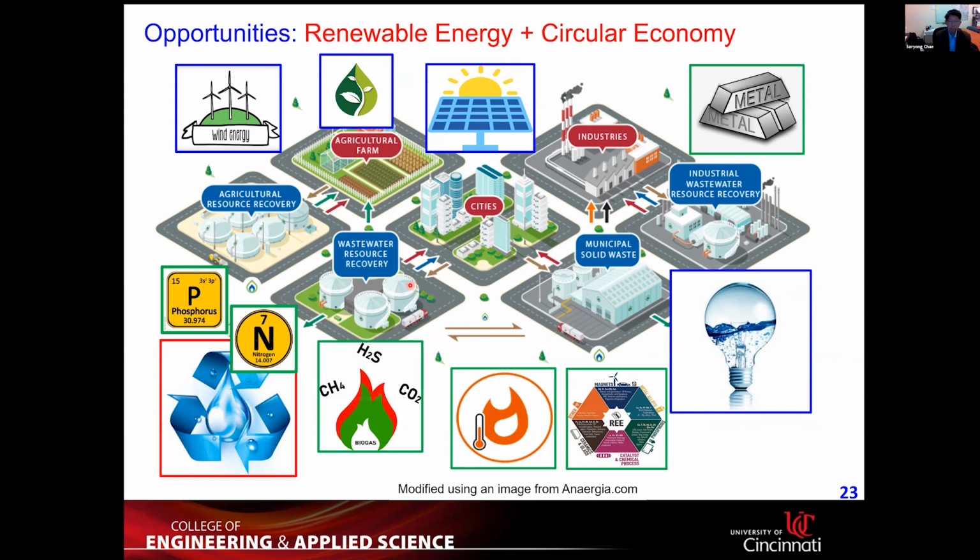And wastewater itself contains carbon, nitrogen, and phosphorus. So we can capture nitrogen and phosphorus and return that resource to the agricultural area, where we can grow some crops and produce some bioenergy. And also, I believe in some way we can convert carbon from municipal wastewater to biogas. Then we can generate further extra energy.